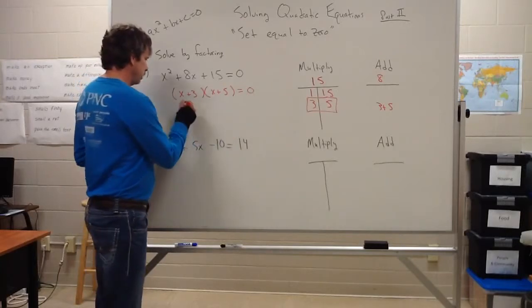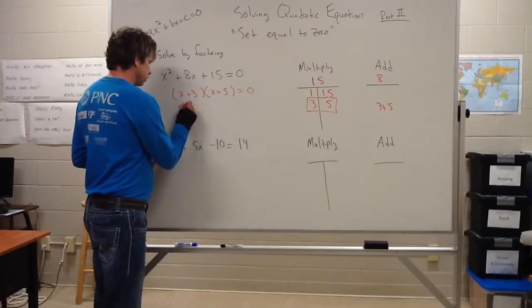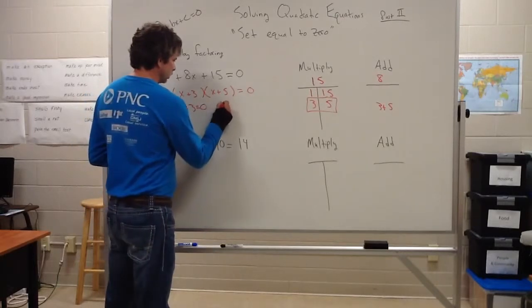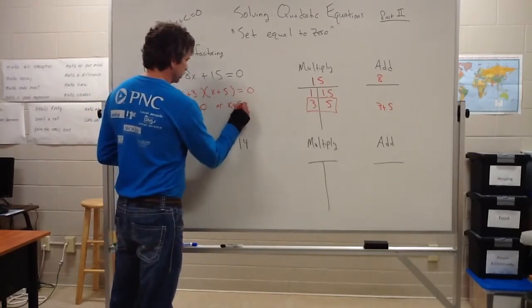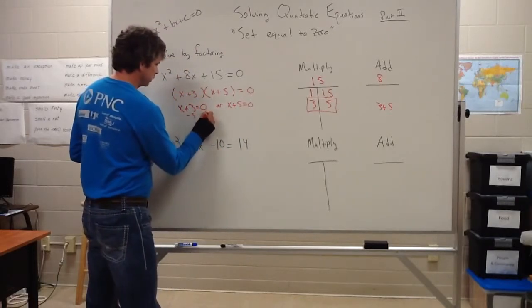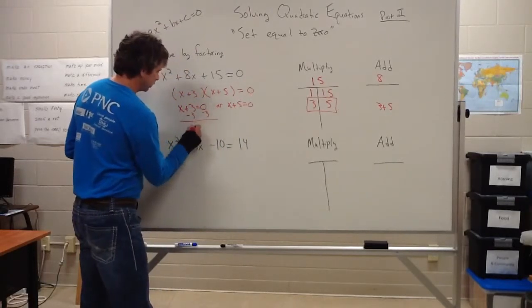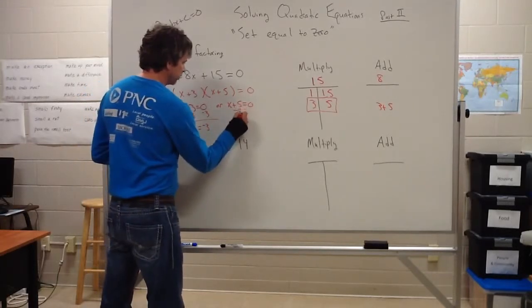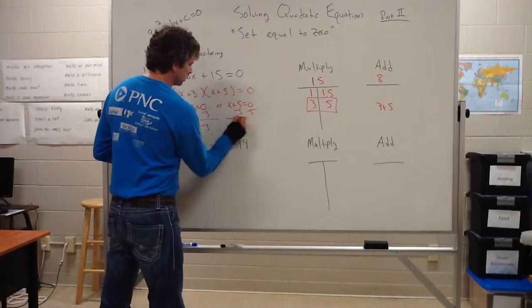If you can't see that, we can just set each factor equal to 0. So x plus 3 is equal to 0, or x plus 5 equals 0. Then we can zero out with a negative 3, so x equals negative 3. We can zero out the 5 with a negative 5, so x equals negative 5.